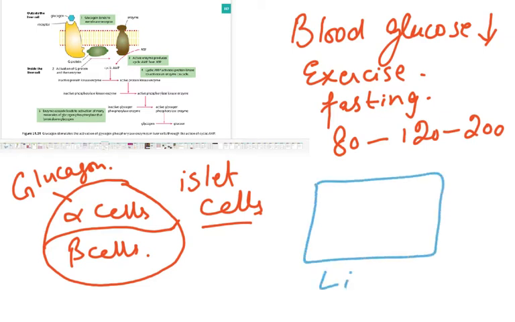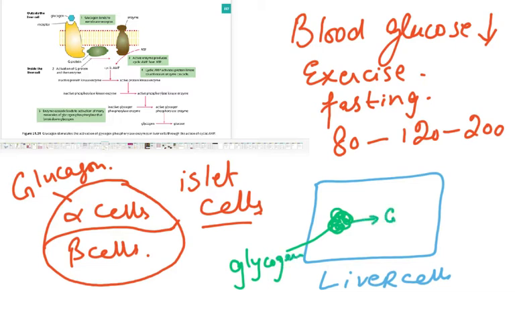The liver cells had a store of glycogen, which was a large insoluble molecule. So this is glycogen inside this liver cell. Now the glycogen is going to be converted to glucose, and the glucose is going to leave the cell and enter the blood.